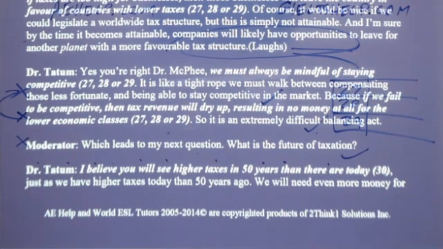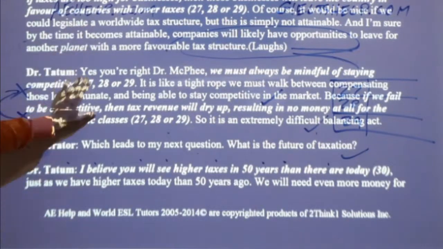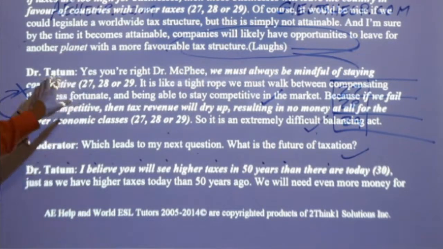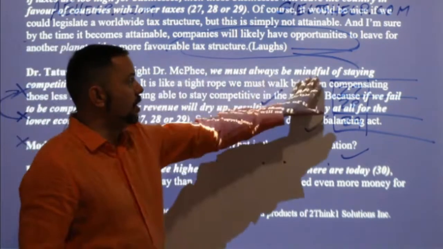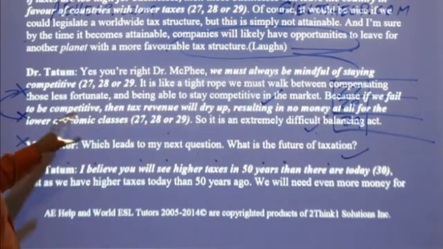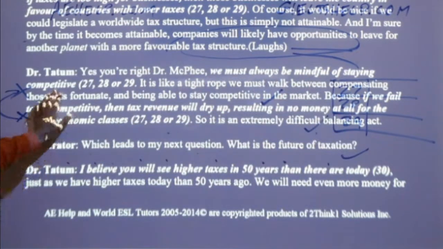So if you have our premium package at aehelp.com or gieltshelp.com, make sure that you're looking at these transcripts as well. So Dr. Tatum says, yes, you're right, Dr. McPhee. We must always be mindful of staying competitive. So staying competitive was D, I believe, if I remember correctly.